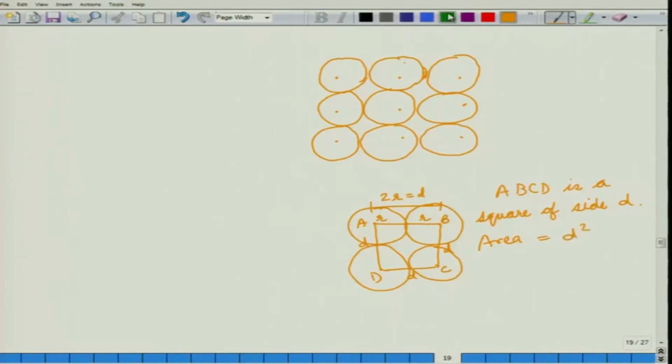Now, if we consider these areas, this is the area covered by the canopies. Now, this area is 1/4 of a circle. So, this is a quarter circle.